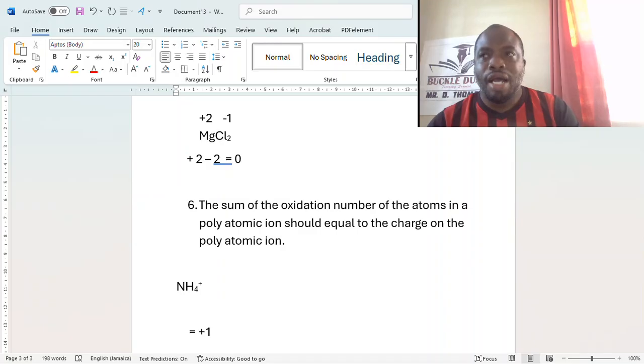It's not like oxygen and hydrogen where you basically just have one exception to their rule. So nitrogen, carbon, sulfur are the main ones. They tend to change their oxidation number, so you have to watch them when you see them in a compound.